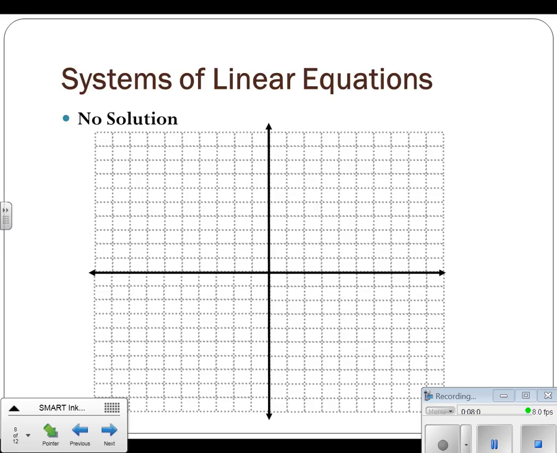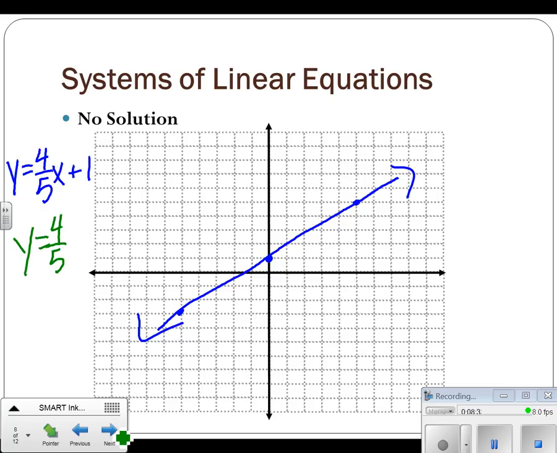If you have a line like y equals 4/5 x plus 1, which crosses at 1 and rises 4 and runs 5, and you have a line that is y equals 4/5 x minus 2, so it crosses at -2 with a rise of 4, run of 5.